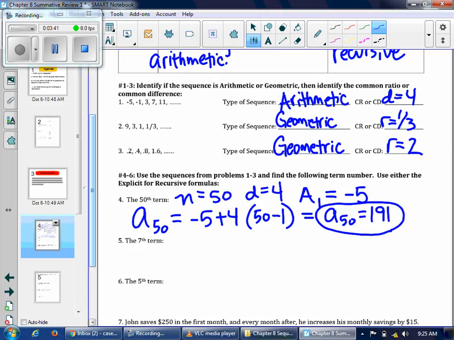For number 5, you also are using the explicit formula because you're finding the 7th term, and I will put all the work down for that. And then for number 6, it's recursive because you are given the first 4 terms and you need to find the 5th. So I will put all the work down for all of those.